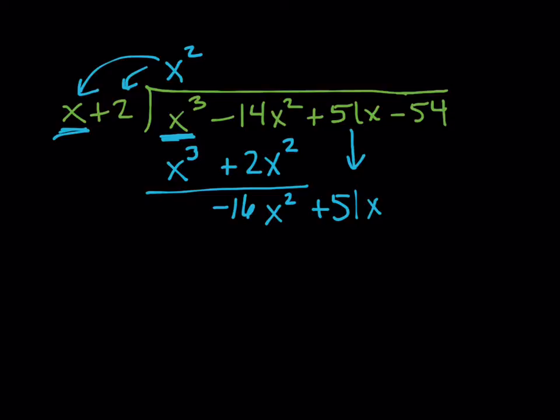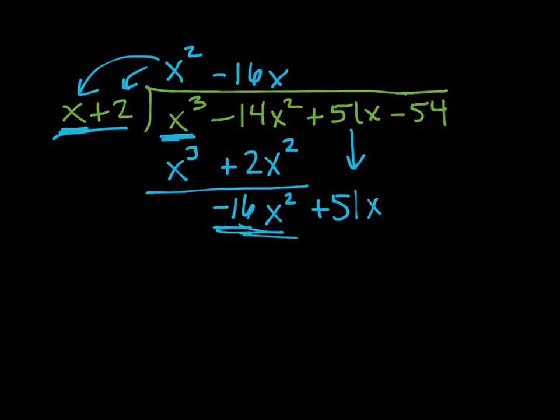So then we look at the first terms again, the x and the negative 16x squared, and x times what makes negative 16x squared? Well, we need a minus 16 and also an x. And then go back and multiply, so negative 16x times x plus 2.